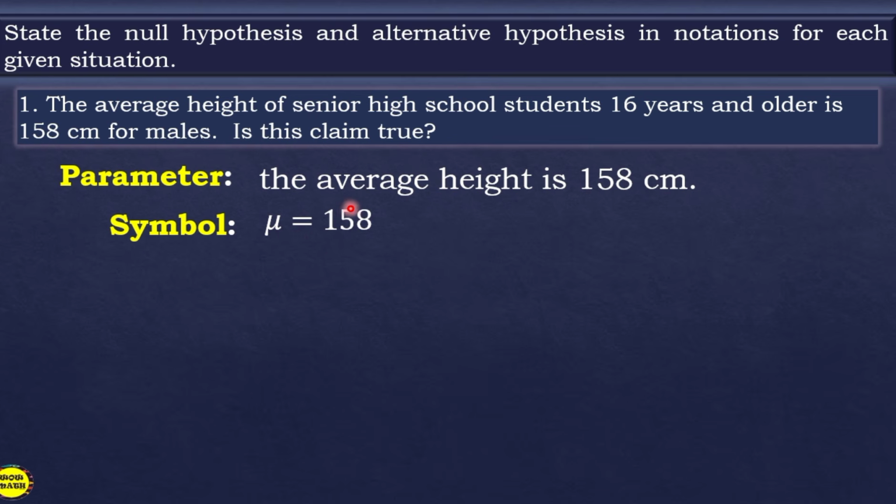And now, since yung claim natin ay equal sa 158 centimeters, so ibig sabihin, yung claim natin magfo-fall under the null hypothesis. Since yung symbol na equal, magfo-fall yan under the null hypothesis. So, yung unang claim natin, nasa null hypothesis.